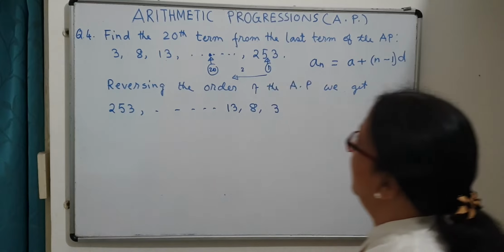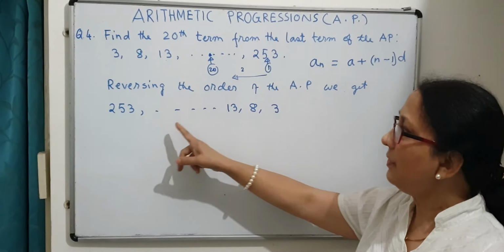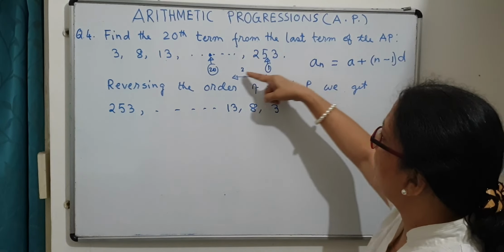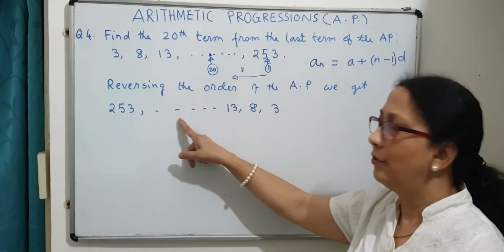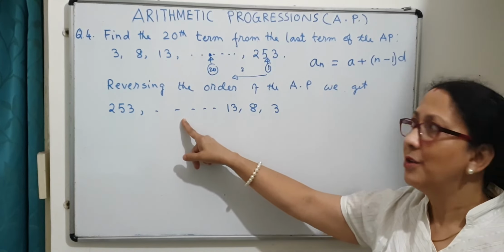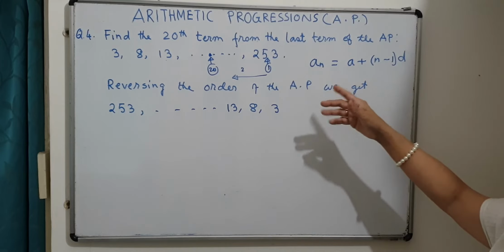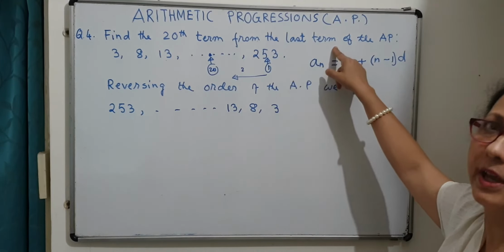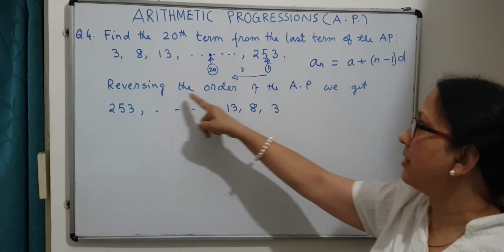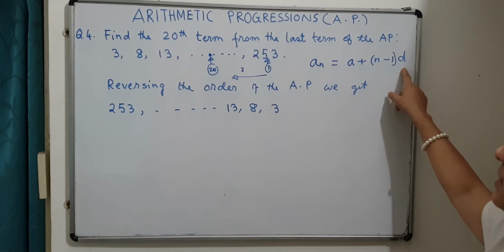So this is the new AP with reversed order. Now the 20th term from the last will be the same as the 20th term from the beginning of this reversed AP. So now I can use this formula. That's why whenever you have to find a certain term from the last or from the end, we have to reverse the order of the AP. Then we proceed in the same way using this formula.